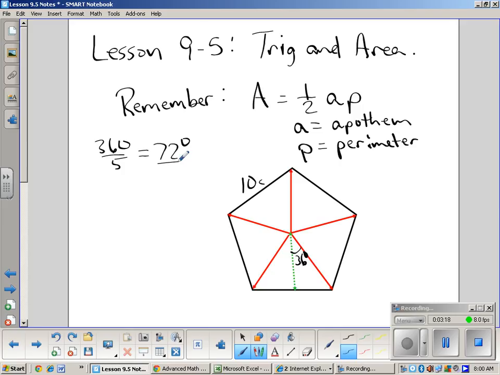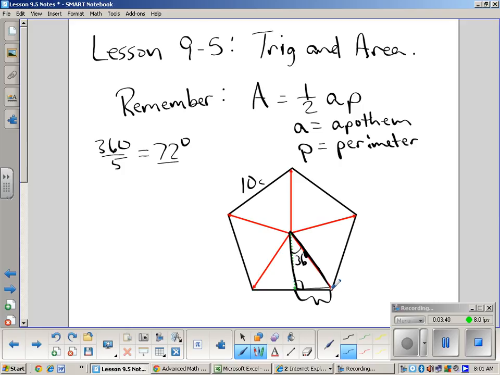It'd be half of 72, right? 72 divided 2 is 36. So we have here then a right triangle. One angle is 36. So I know this length of this side right here? 5. Why? Because it's half the line.